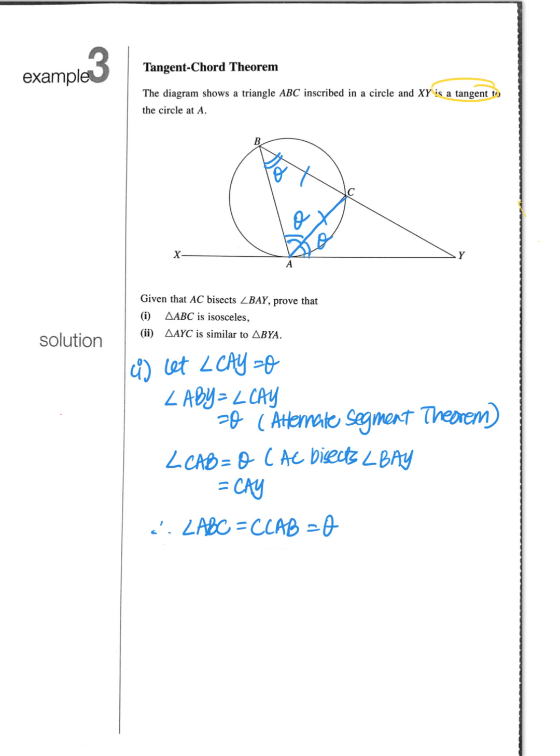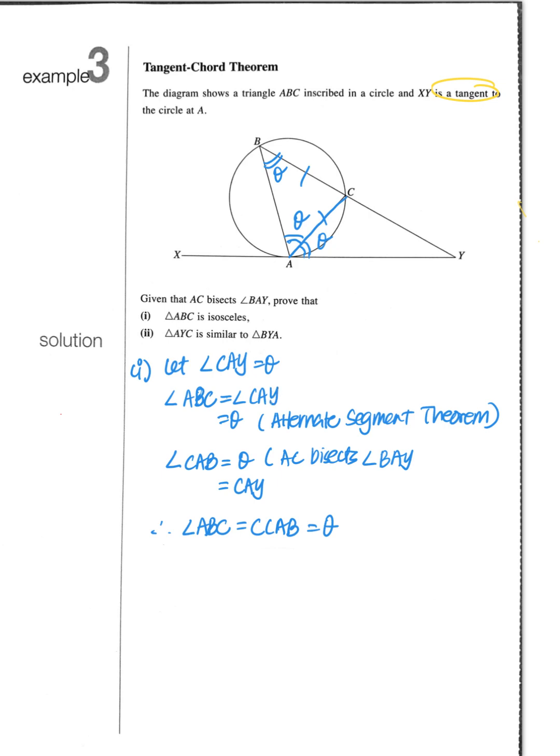instead of putting Y, let me clean this off, I put AB. Angle ABC is equal to CAY.